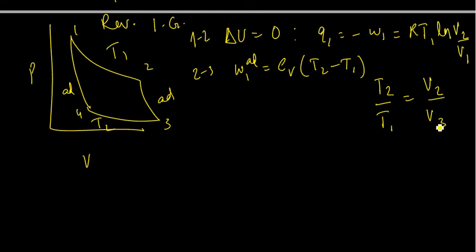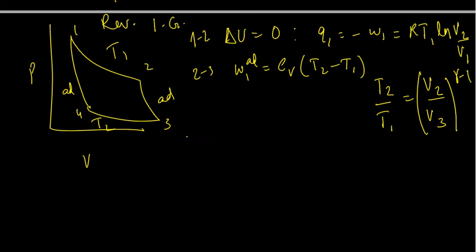This could get a bit confusing because T1 is the temperature here, T2 is the temperature here, but the volume is V2 and the volume is V3. The notation could get a bit confusing, so please be careful.